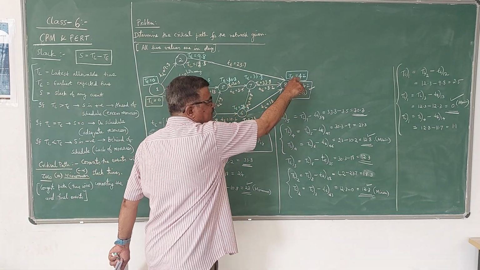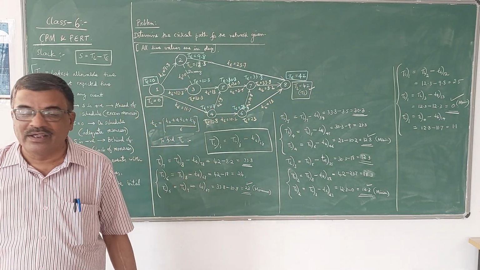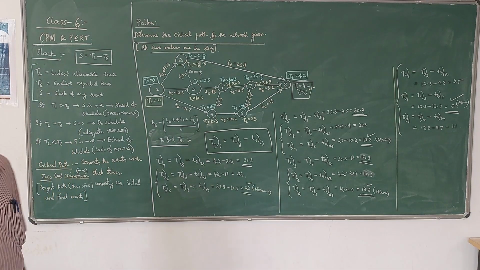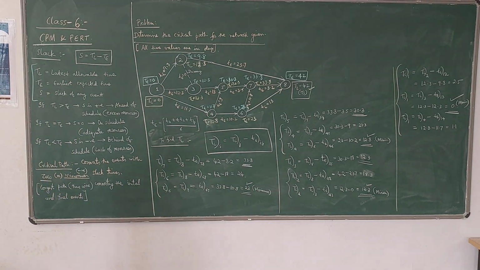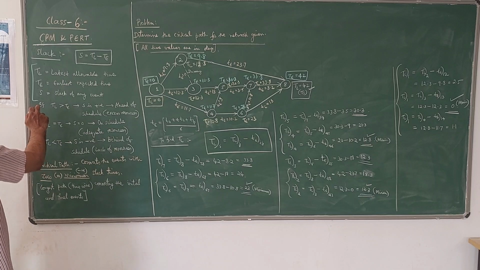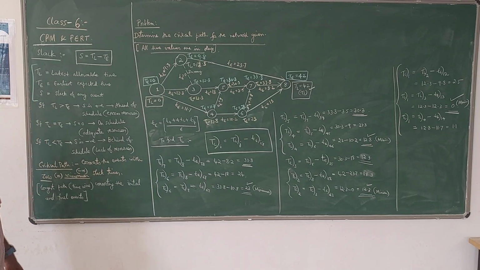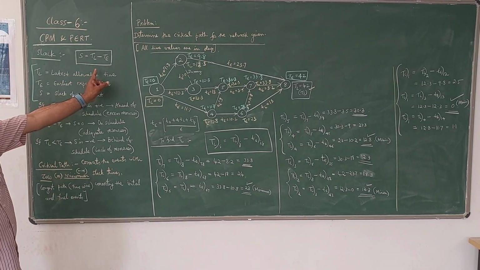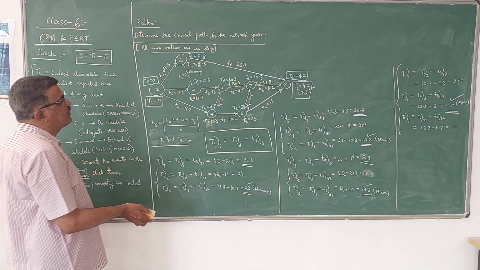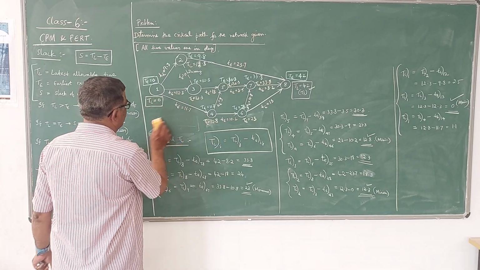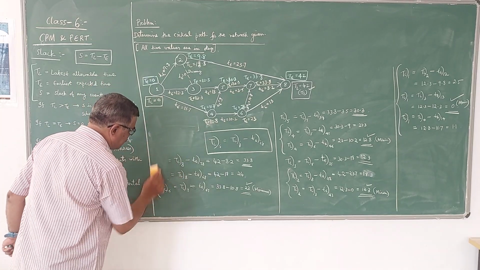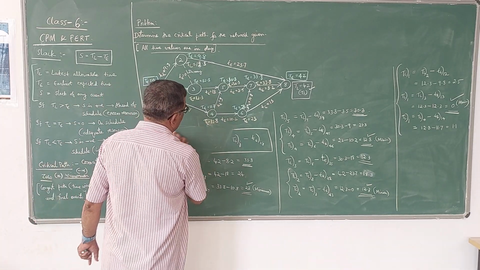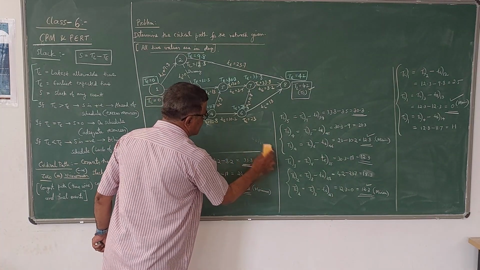TL 0 and TE 0, so the same values came, and the slack is 0. Now once you get the TL and TE values, you have to calculate the slack. You write the slack values for each event using this formula: just subtract, TL minus TE. Once you get these values, write them in the network diagram itself.